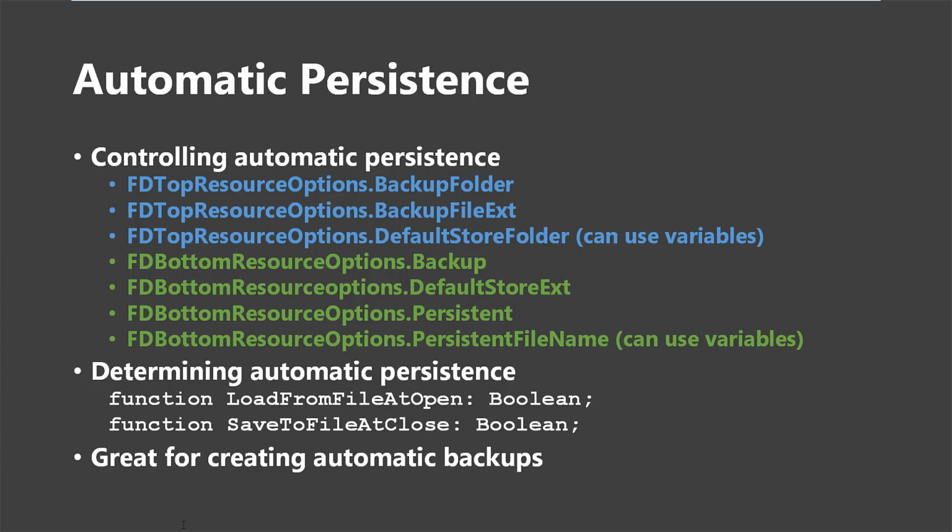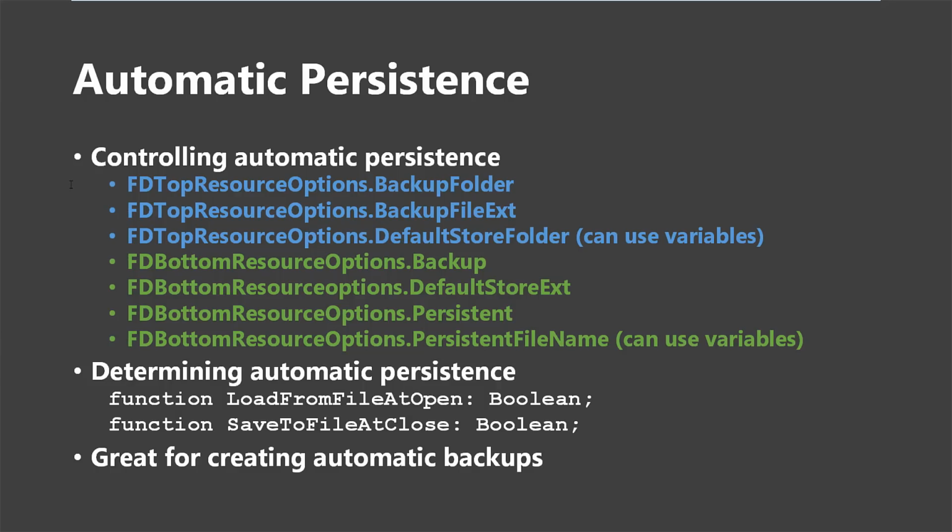For instance, you'd have backup 1, backup 2, backup 3, backup 4, with the higher number always being the most current backup. Now you have to be careful there because you're storing multiple files, and after a while you're going to have more backups than you want or need, so you're going to have to build some additional logic into your application to ensure that you're only keeping so many backups. Nonetheless, this can all happen, and it happens through the use of resource options.